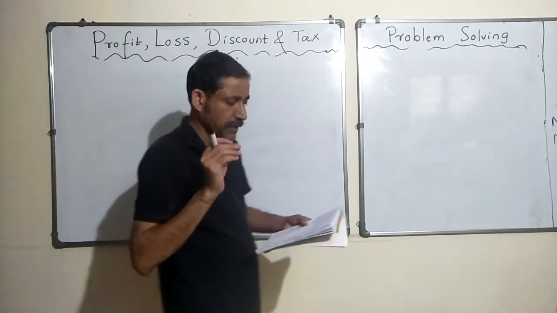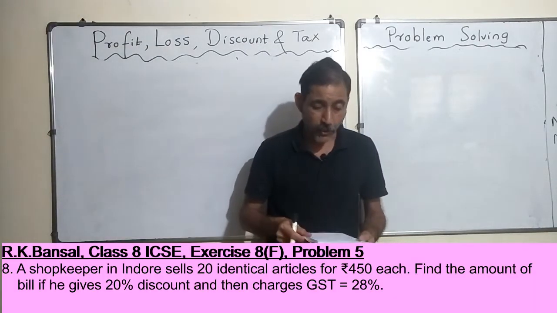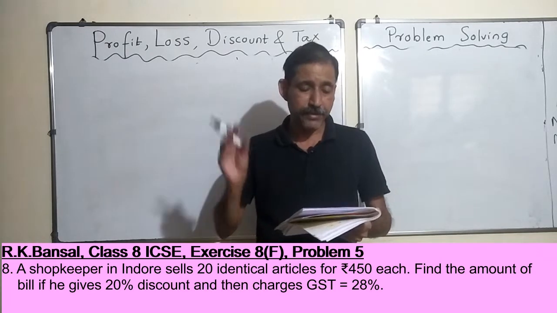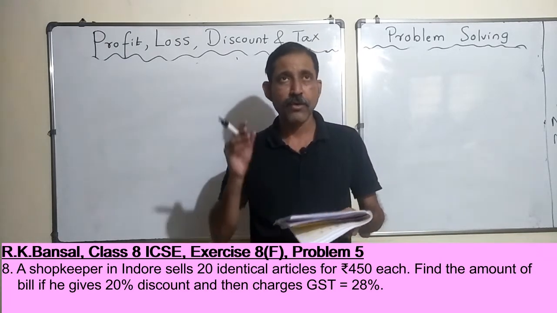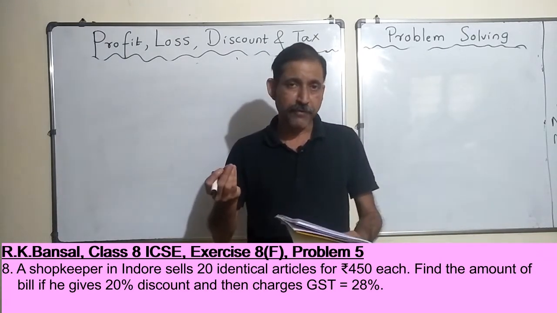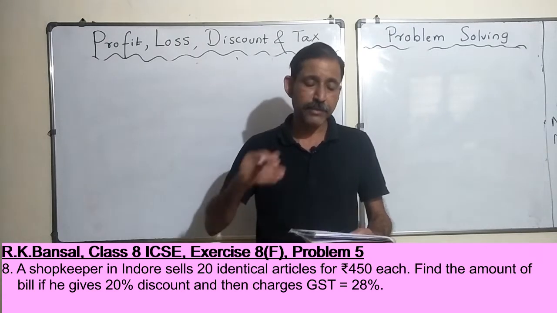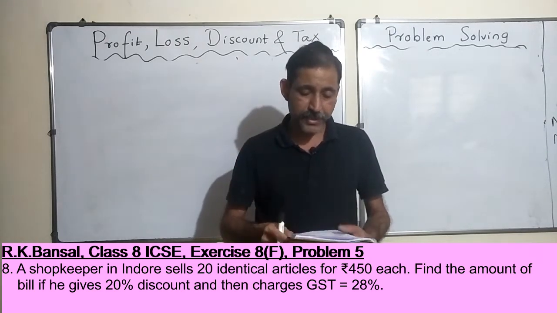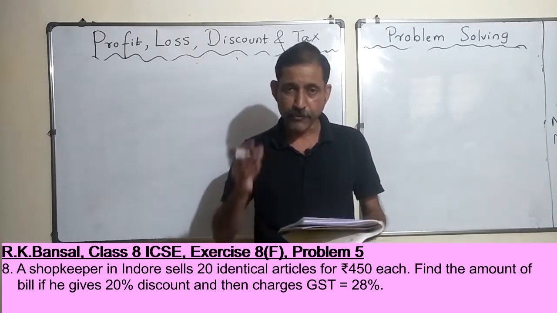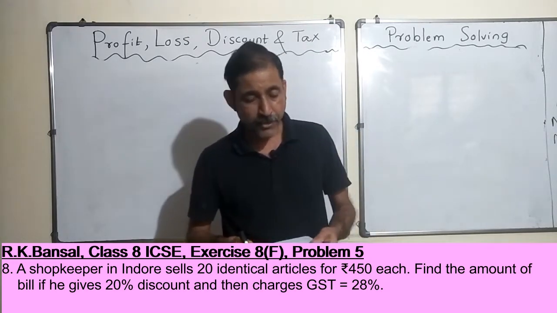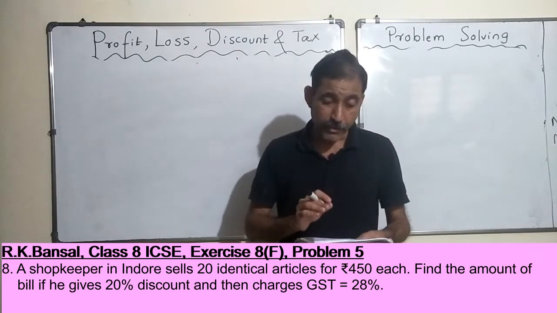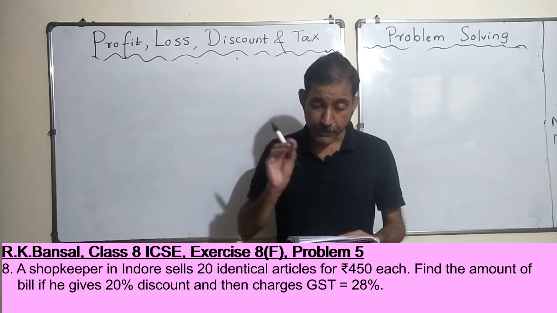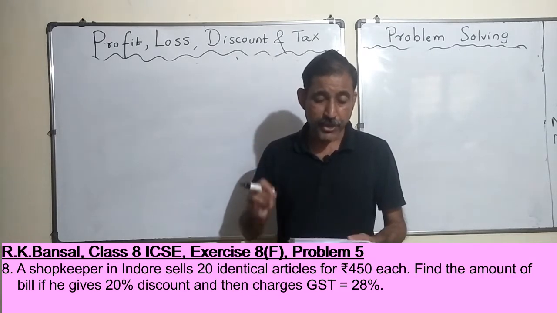A shopkeeper in Indore sells 20 identical articles for rupees 450 each. So each article is rupees 450 and 20 articles he is selling. So total selling price for him would be 450 into 20. Find the amount of the bill he gives if he gives 20% discount and then charges GST.